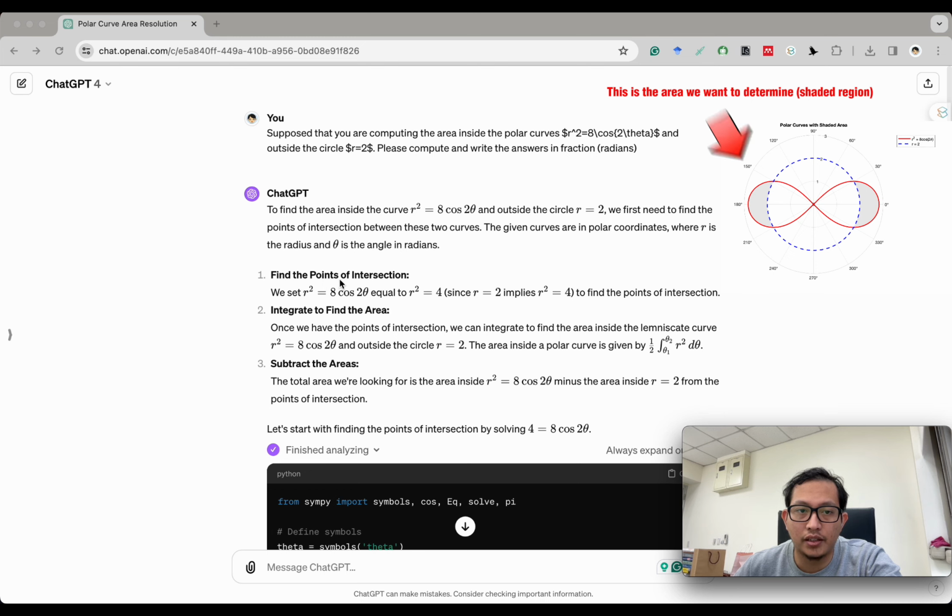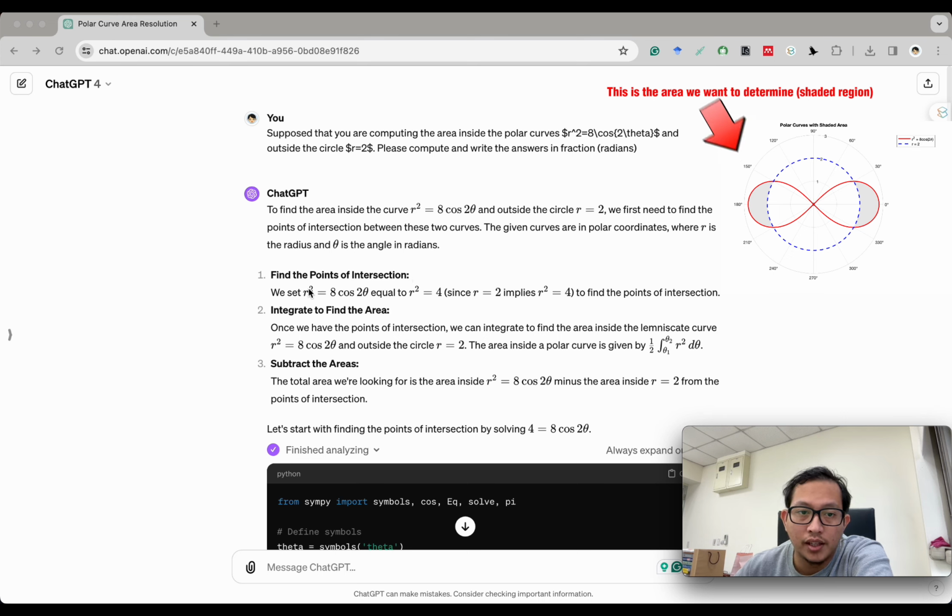First is finding the points of intersection, which is very clear: we just equate the two curves and find which theta gives the intersections, and we use those angles as the endpoints for the integrations.